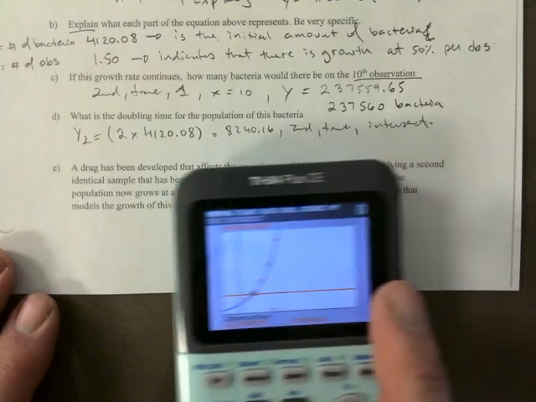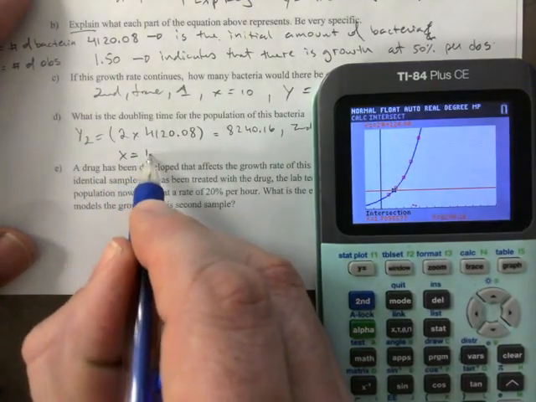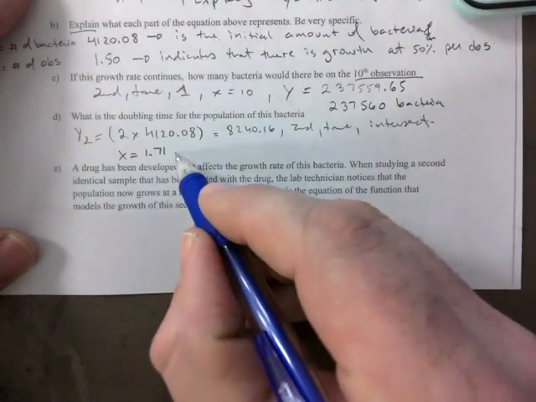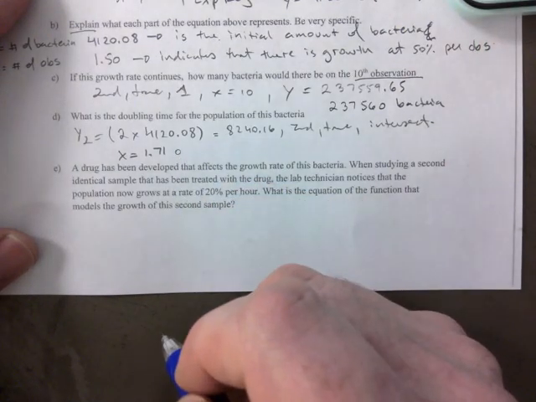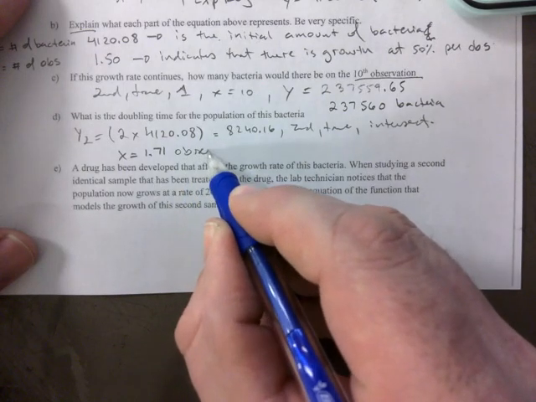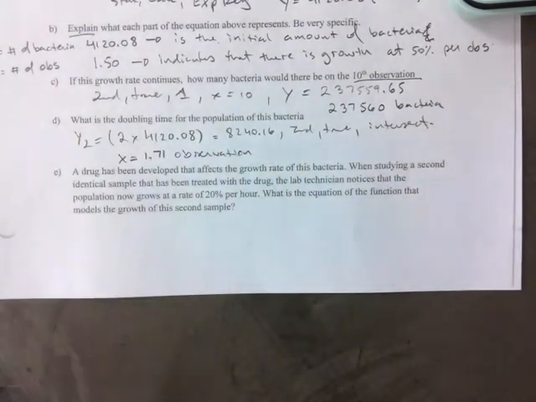And the doubling time is x equal to 1.71. And what are the units in? Observation. I don't like the units, and I'm not going to lie to you, but I'm going to point out in a bit why I chose this.